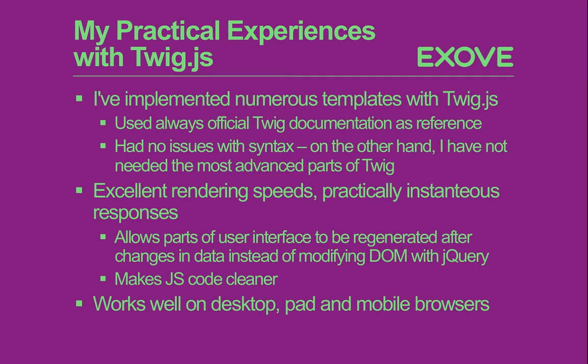And the big thing that I have found out is that I can regenerate part of the user interface on the fly instead of doing DOM manipulation. In the demo, there are 3 different lists where I need to inject the same information, but it's shown differently to the user, and you can switch those with tabs.